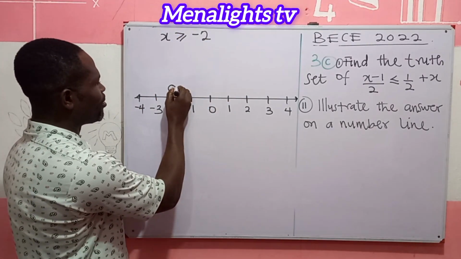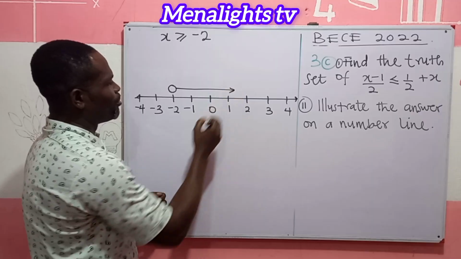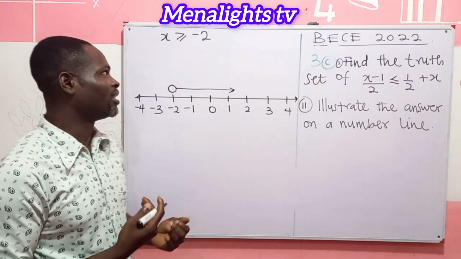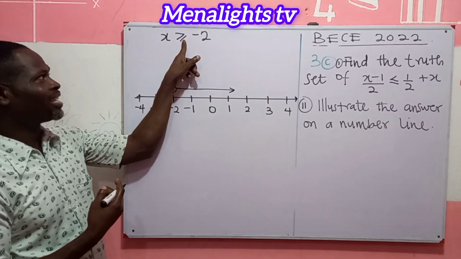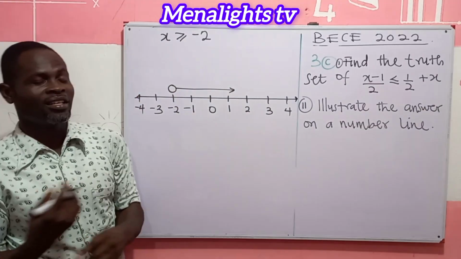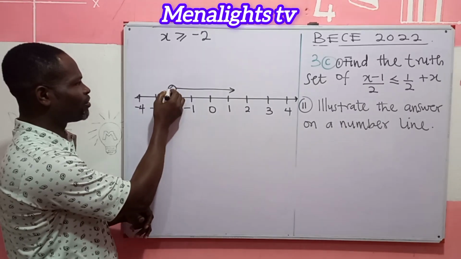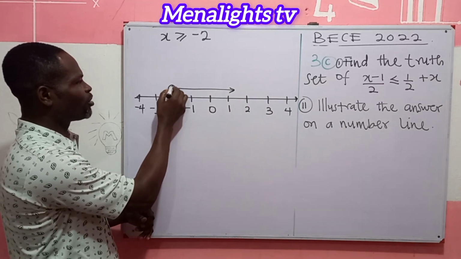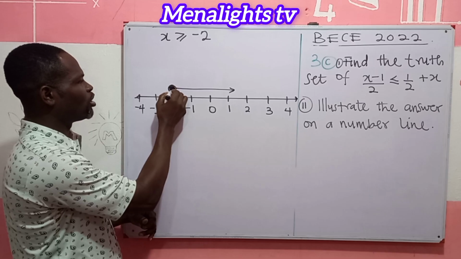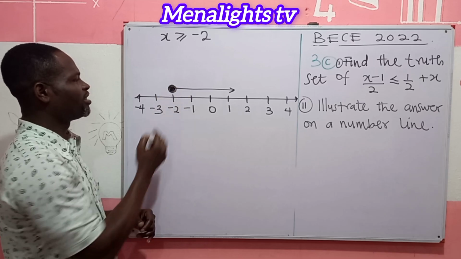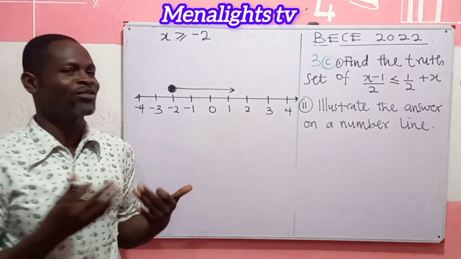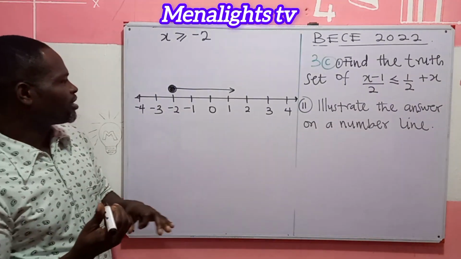You can end the arrow on any number, it doesn't matter. Now, since we have this line under the greater than sign, it means we have to shade. Once we have greater than or equal to or less than or equal to, we shade the inside of the circle.